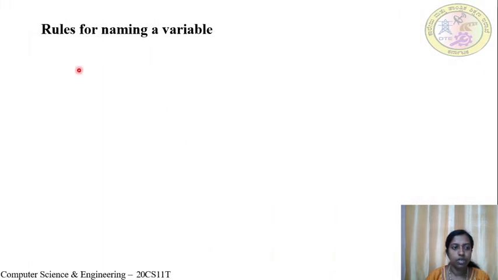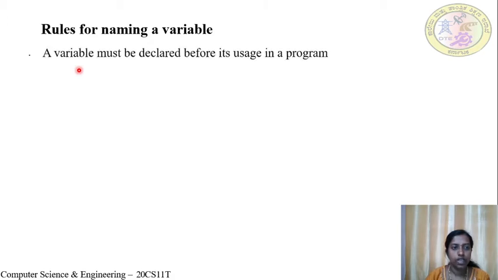Next, we move on to the rules for naming a variable. A variable must be declared before its usage in a program. If any variable is to be used in a program, it should be declared. That means it should be given a name.